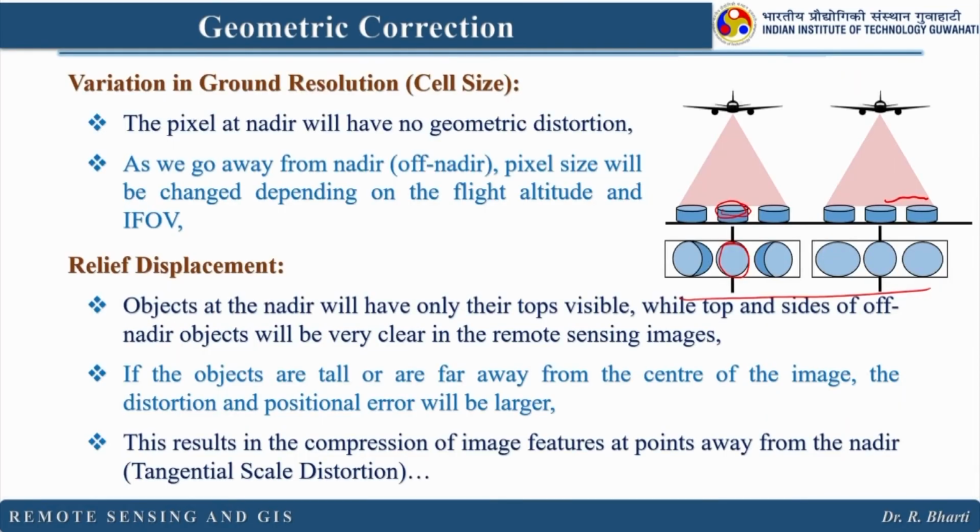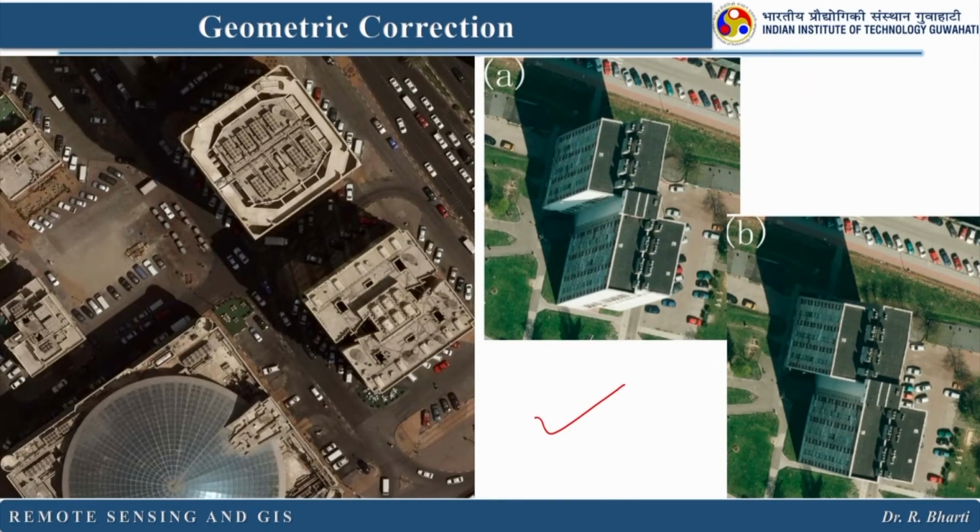You can see here that for these buildings, from here to here, all the tops and bottoms are visible, and the center pixel is not this one, it is somewhere else, where you do not have any side visibility.